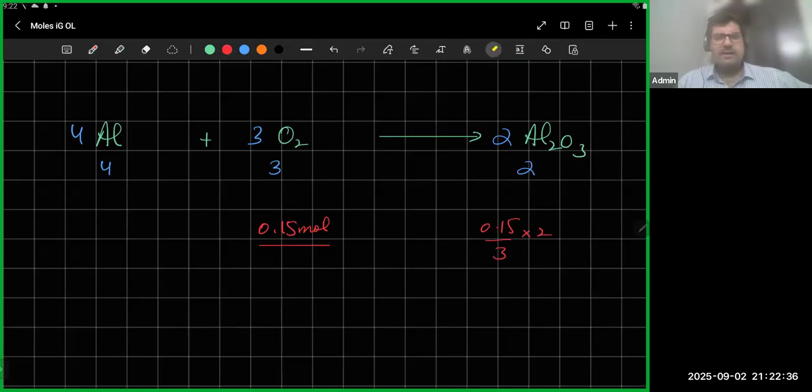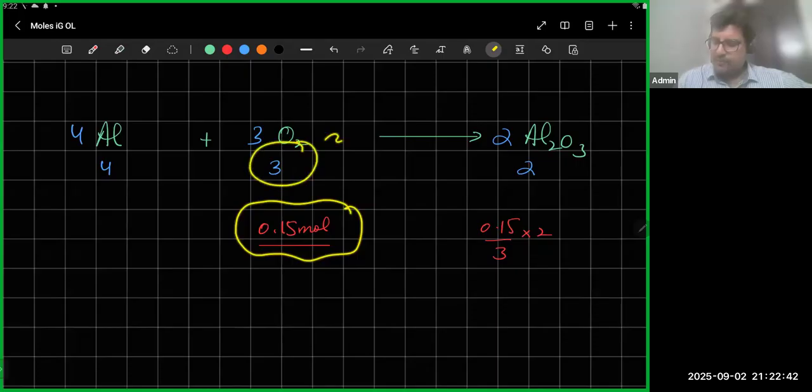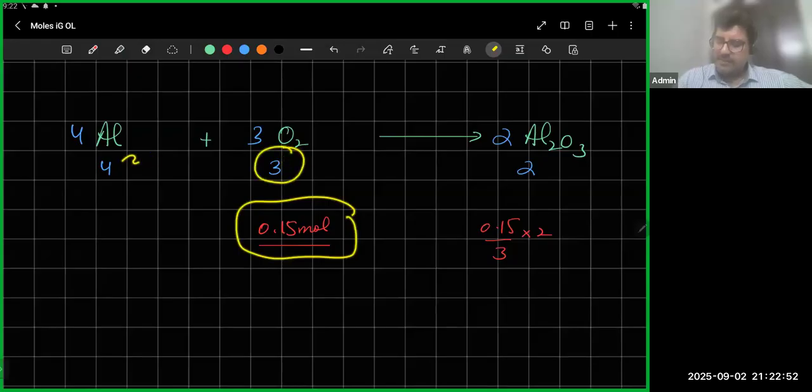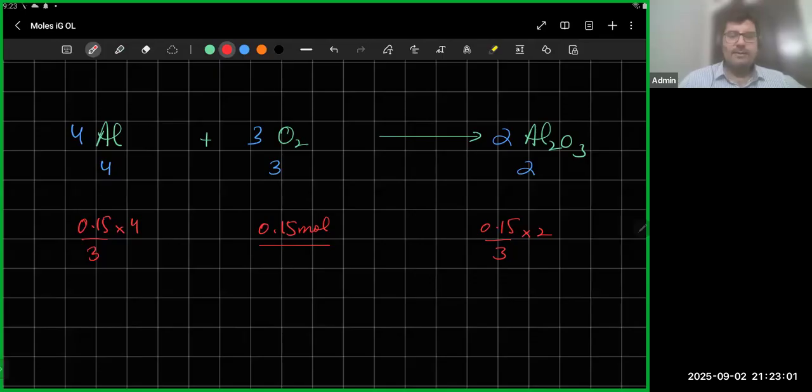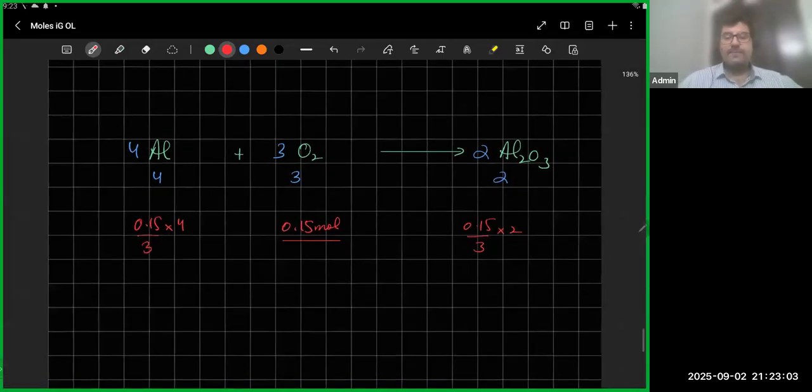Without doing that whole ratio thing, take the known moles, divide it by its own ratio, multiply it by the ratio of the other substance, and you will get the moles. If I want to find this one, it's going to be 0.15 divided by 3 times 4. That will give you the exact same answer as well.